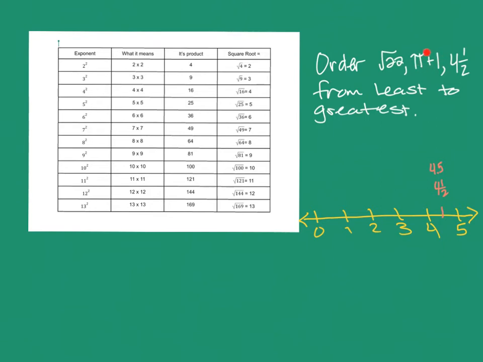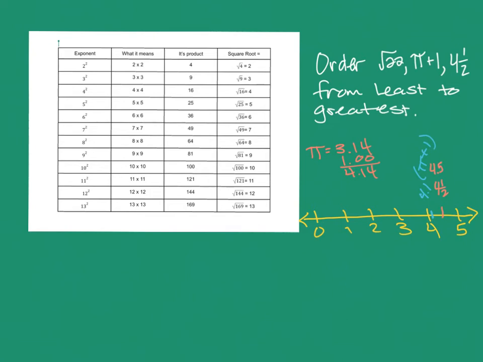Also, probably fairly easy for you is this pi plus 1, because you know that pi equals 3.14, and if I'm going to add one whole number to it, then I'm going to get 4.14. So that's going to fall right over here at about 4.1-ish. So we'll call that 4.1, which is pi plus 1. Okay? So that's where we're at this point.